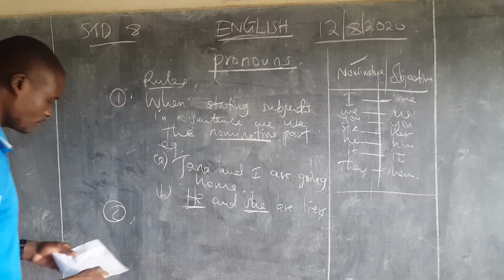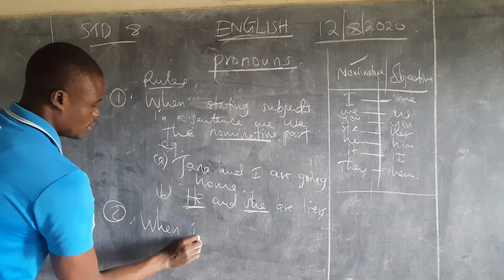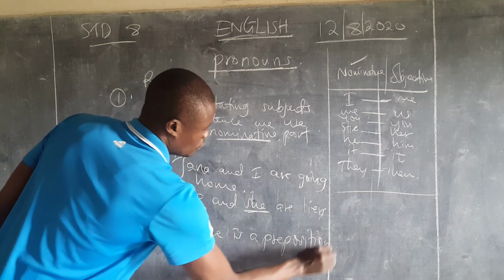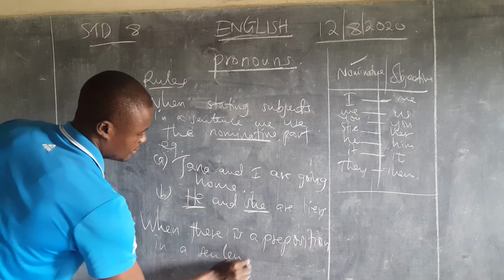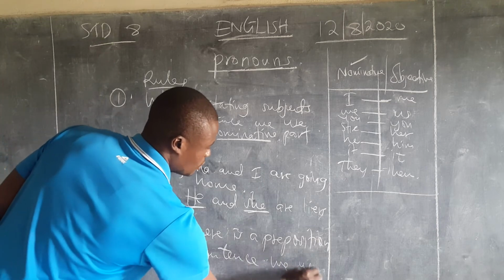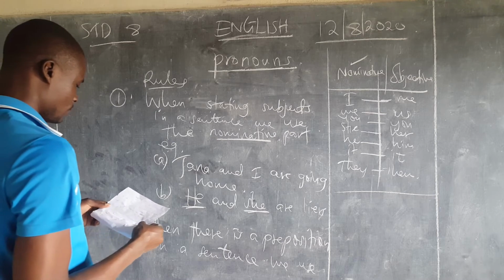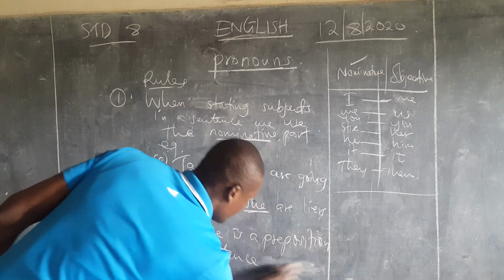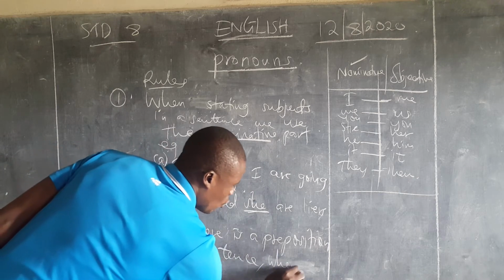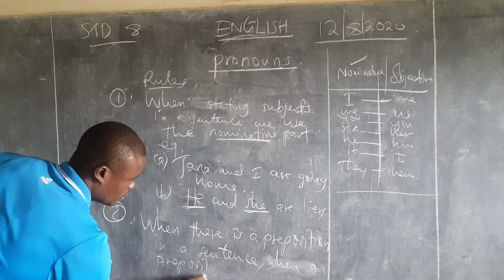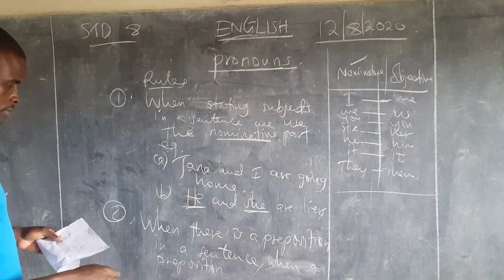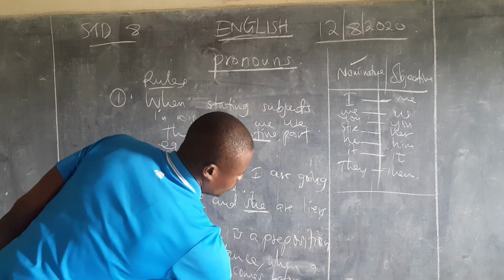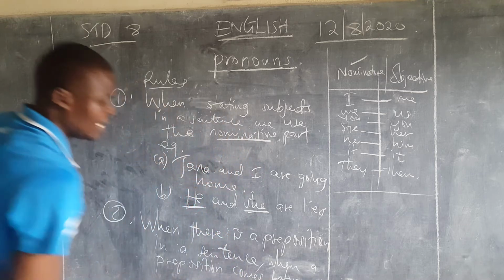Then comes number two, when there is a preposition. When there is a preposition in a sentence, or when a preposition comes before a pronoun, I want you to understand that part very well.